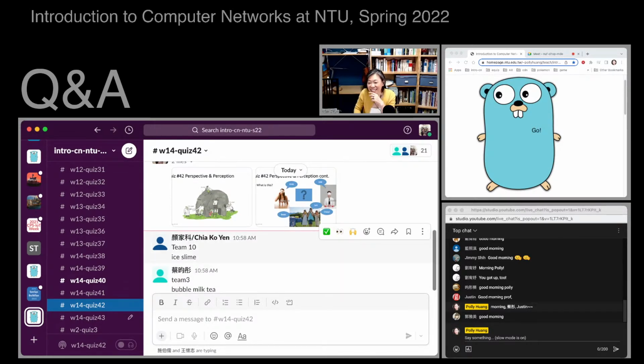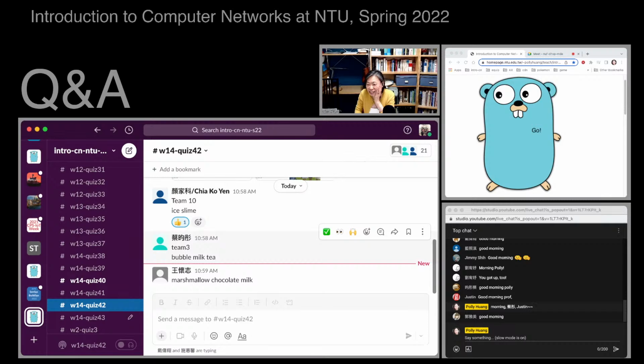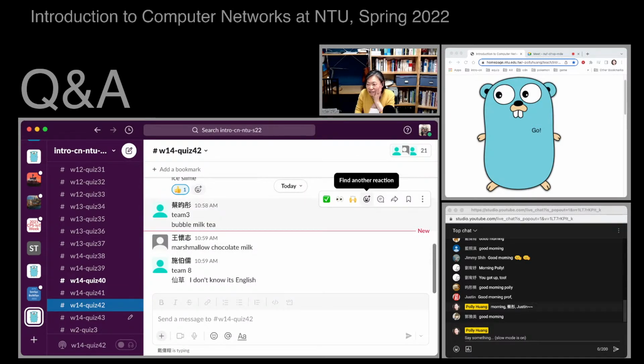Oh, ice slime. Okay. You know what? It's very close. It was not exactly what Polly had in mind, but I can take this as an answer, because it does feel a little bit chewy. Yeah, bubble tea. That's Polly's favorite drink.